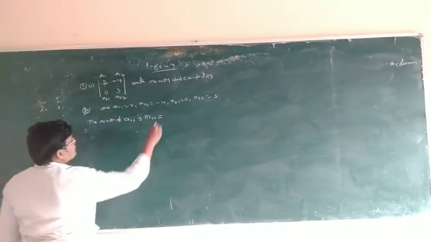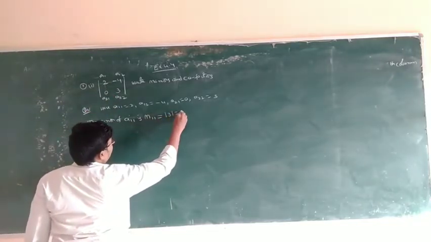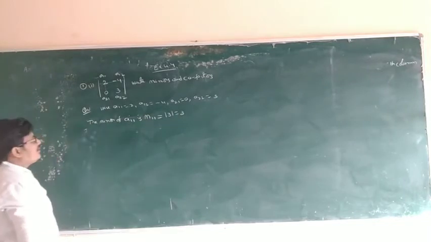So what is the remaining? Determinant of 3 is equal to 3.